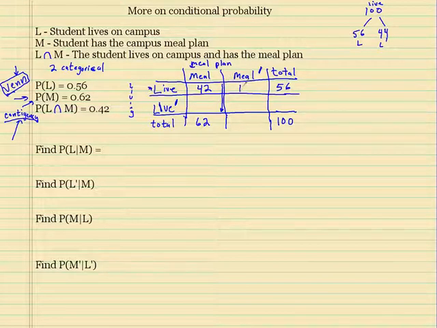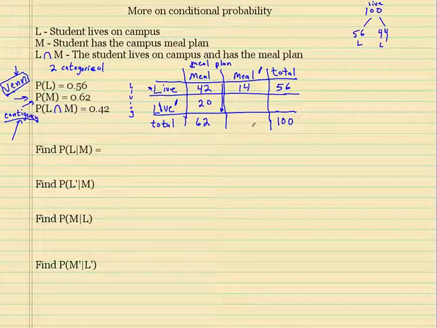That would be 14. 42 plus 14 is 56. Now, how many don't live there and have the meal plan? That would be 20, because 42 plus 20 is 62.